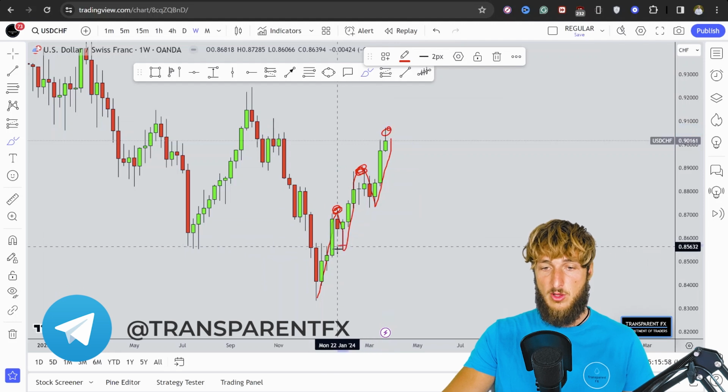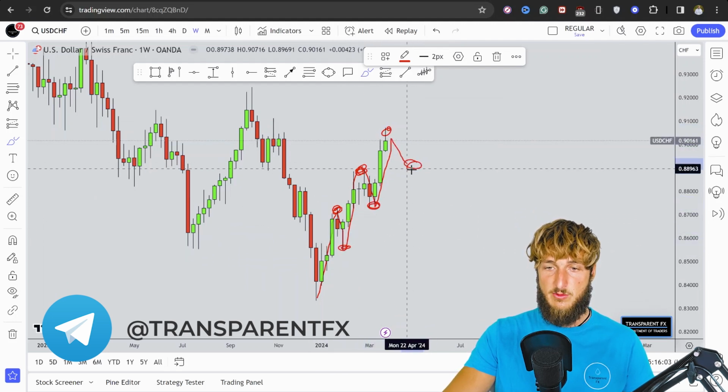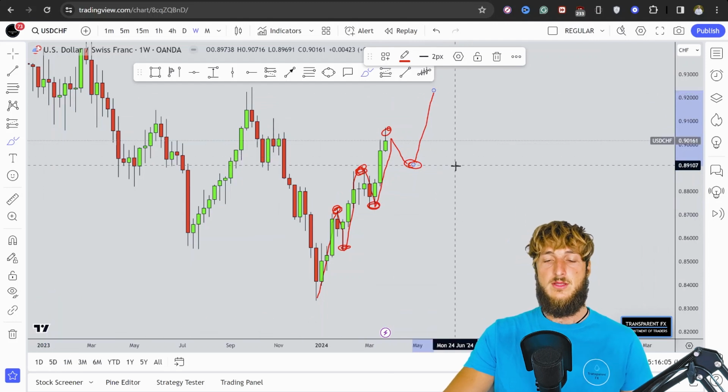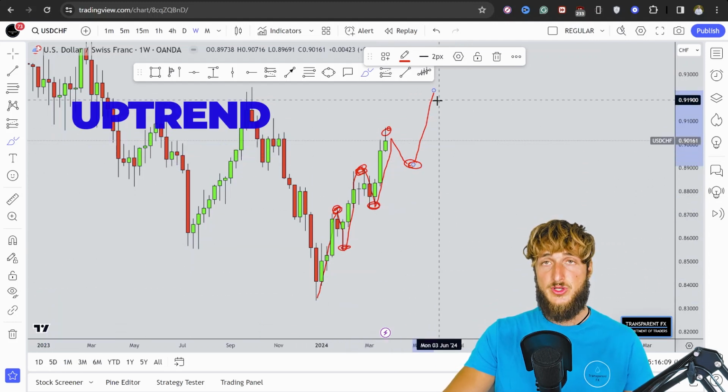At the same time, the low was here, the higher low was here, and now what we could expect is the creation of another higher low and the continuation to the upside. So essentially a clear textbook uptrend with the creation of higher highs and higher lows.